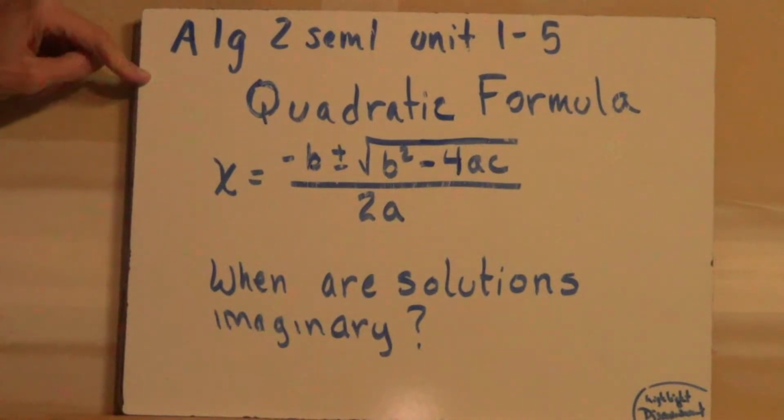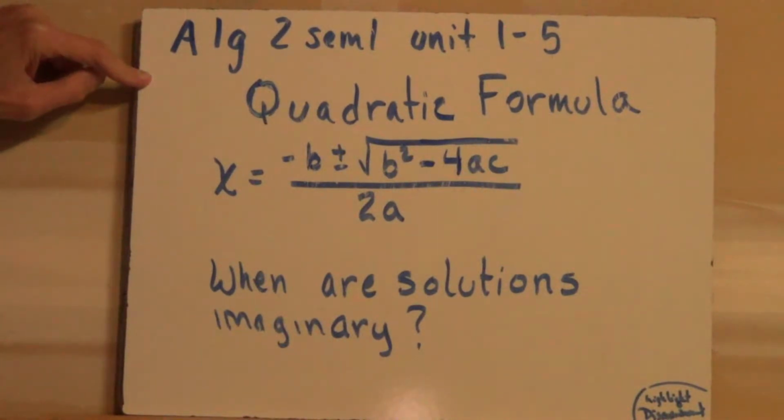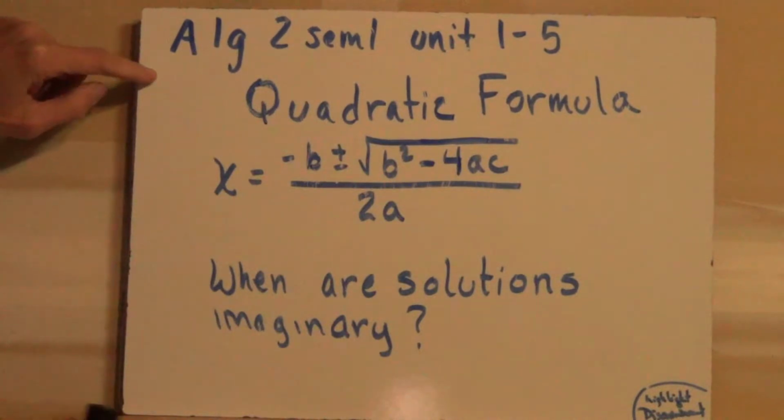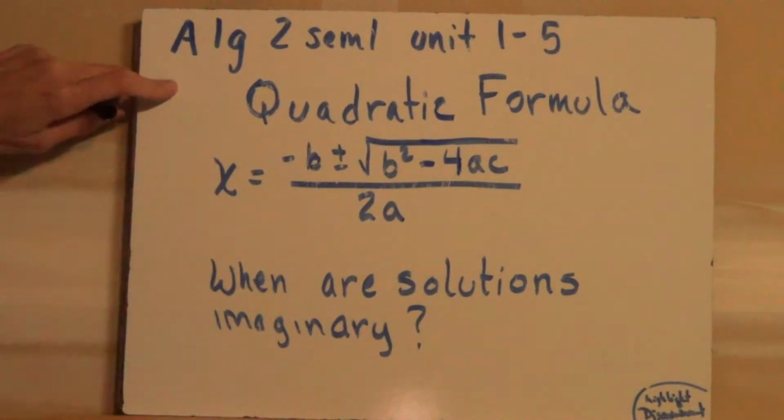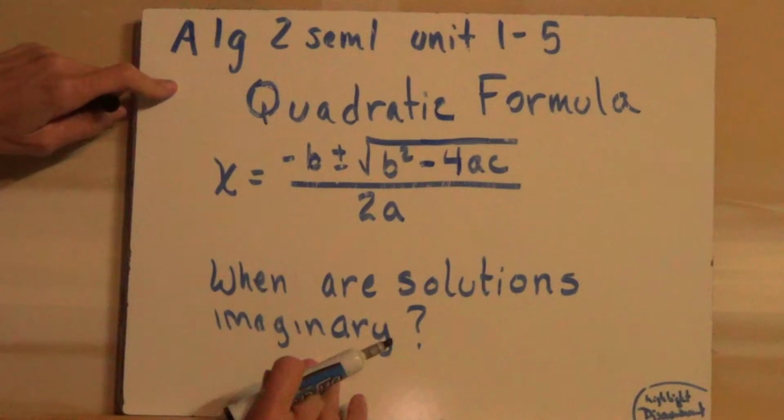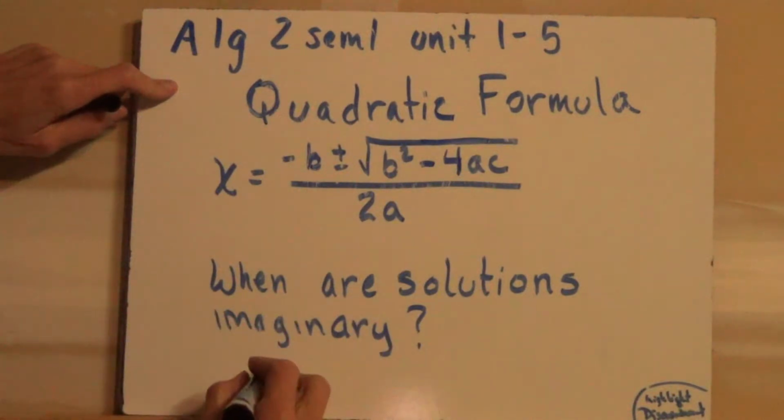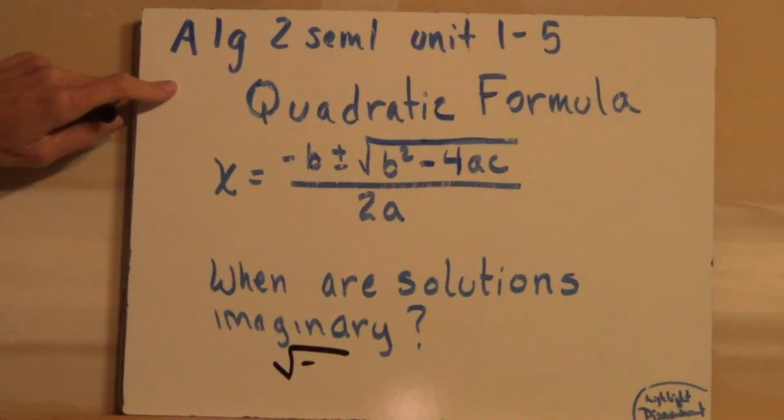So my question is, when would the solutions be imaginary? Let's go back. What causes an imaginary number? Hopefully you're saying it's the negative underneath the radical. So look in the quadratic formula, where's the radical?